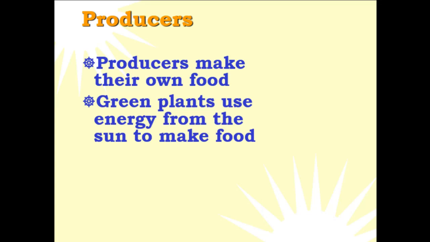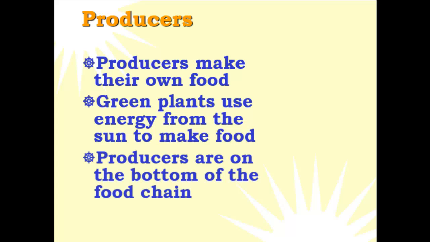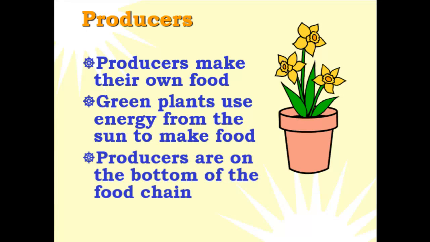Okay, green plants, algae, phytoplankton, they're going to use energy from the sun to make their own food, or autotrophic. Obviously they're on the bottom of the food chain. They can't move. They can't kill anything. They can just be eaten. They produce food through photosynthesis, and of course they're at the bottom of the food chain.